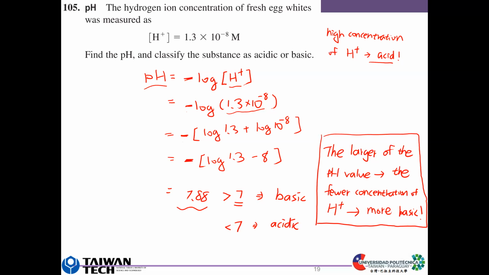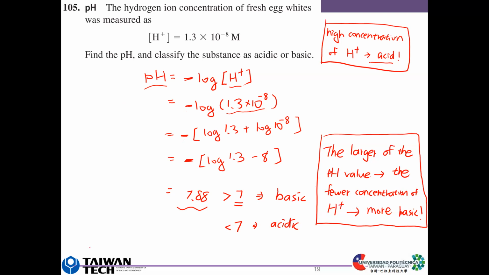We use 7 as a threshold, and if it's larger than 7, it means the concentration of this H plus is very small, which means it is more basic. And a high concentration of H plus means the liquid is acid.